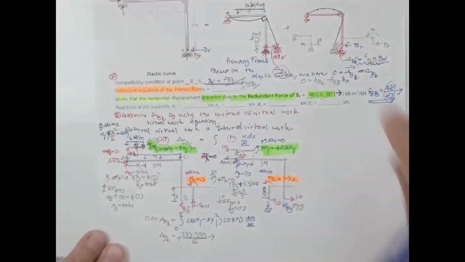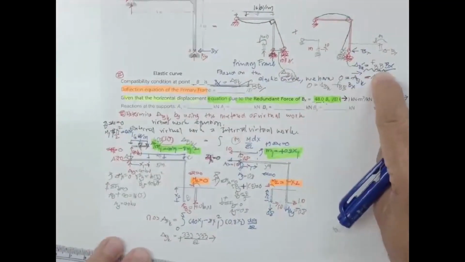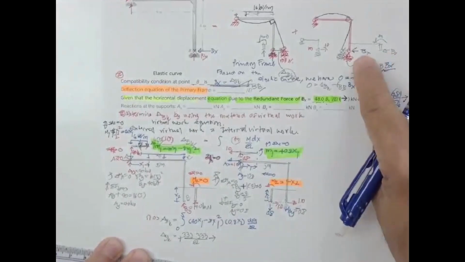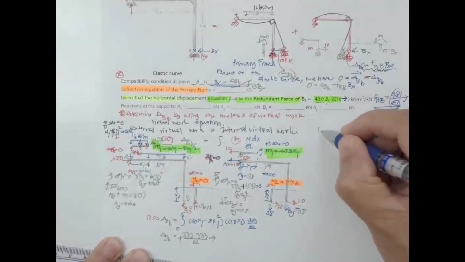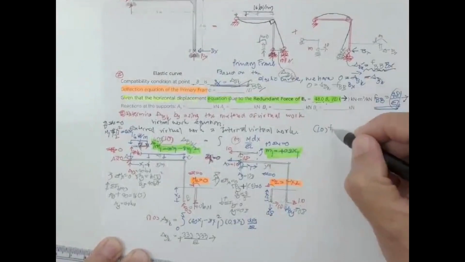If you prefer to calculate F sub BB also, then based upon this picture, this one is subjected to b sub x, and b sub x is going to be equal to 1.0, right? So this is going to be 1.0 times f sub bb, and then it's going to be equal to integration.